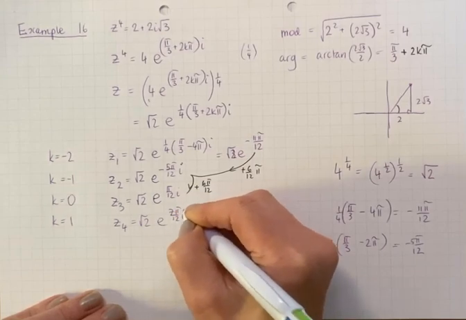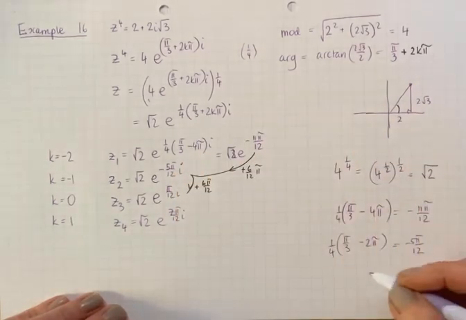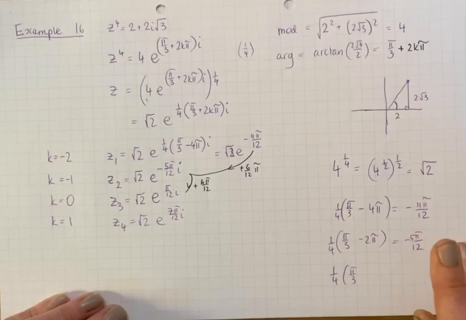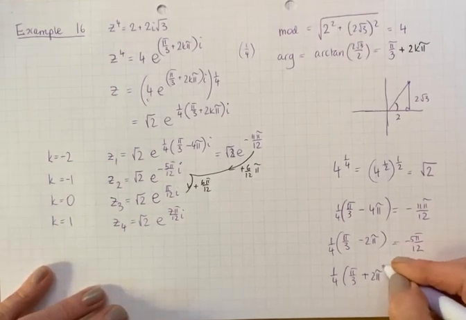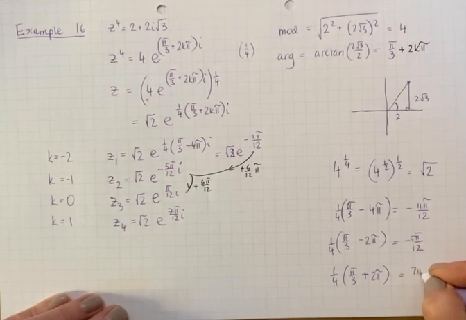Let me just check. If I put 1 over here, I will have a quarter, and then pi over 3 plus 2 pi, so 7 pi over 3, and a quarter of that is 7 pi over 12.